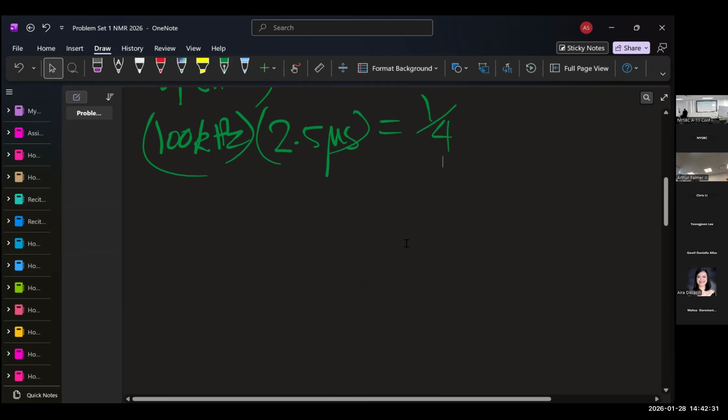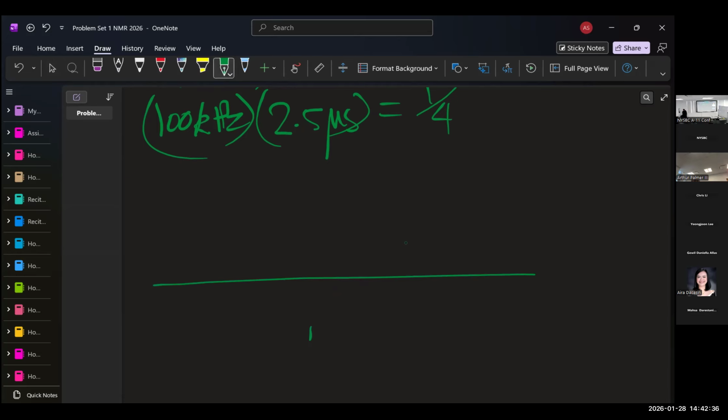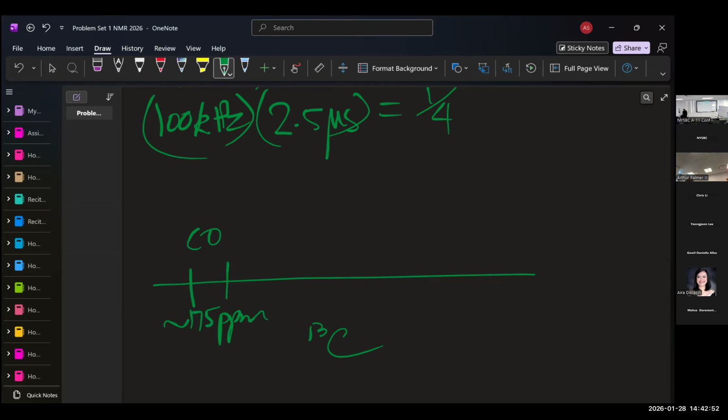So when we think of the C13 chemical shift span for a protein or a typical biological macromolecule, you have, say, the CO carbonyl range around 175, followed by a fairly broad aromatic range.